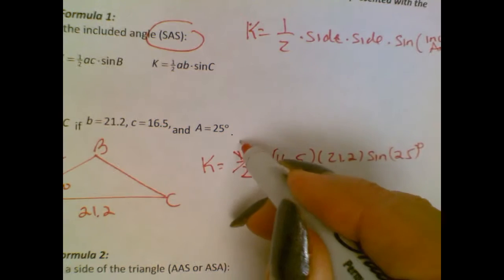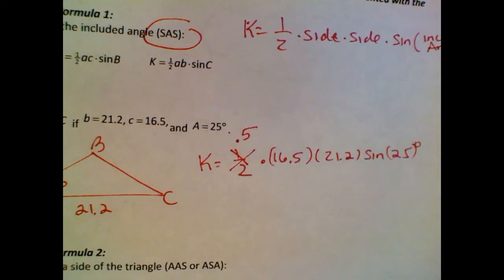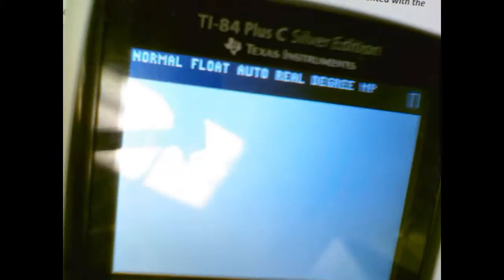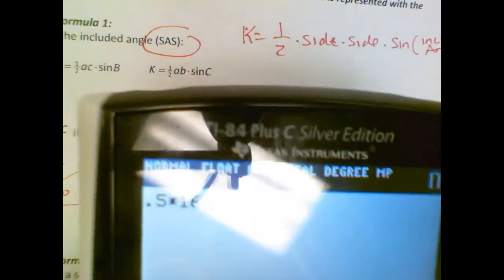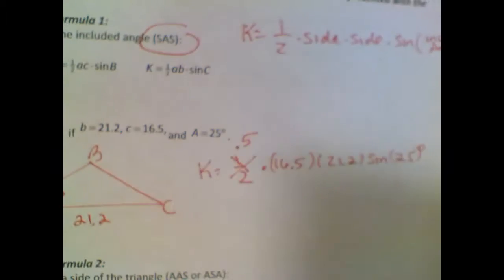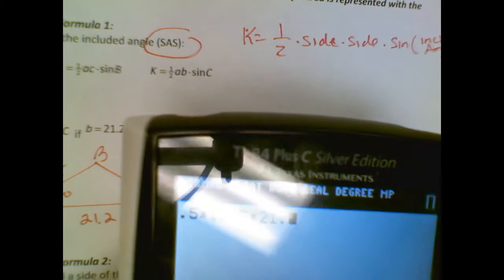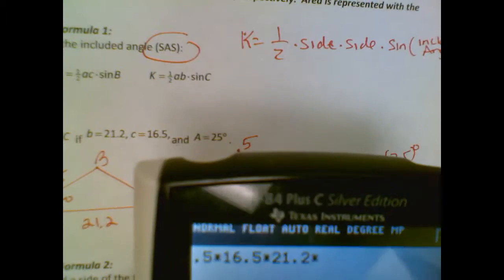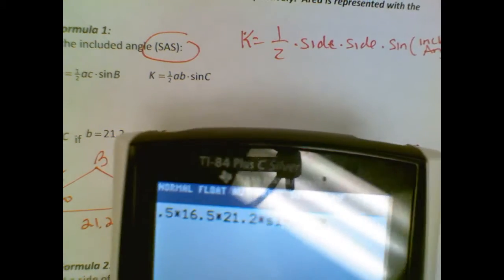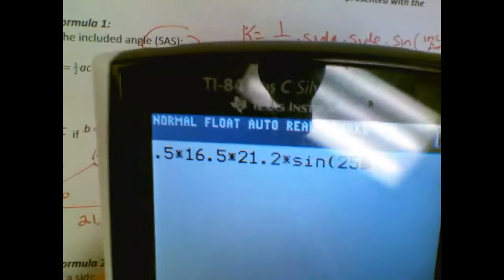I usually put in 0.5. It's easier. So change it to 0.5. I'm going to do that right now. 0.5 times 16.5 times 21.2 times sine of 25. So it looks like that.